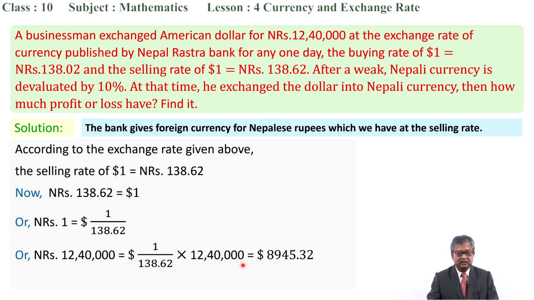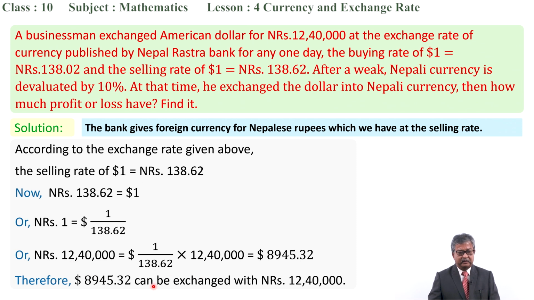After calculating this, we got $8,945.32. That means when we exchange the Nepali currency 12,40,000, he got $8,945.32. But now the value of Nepali currency is devalued by how many percent? 10%. Okay. Now let's see. Let's continue this.